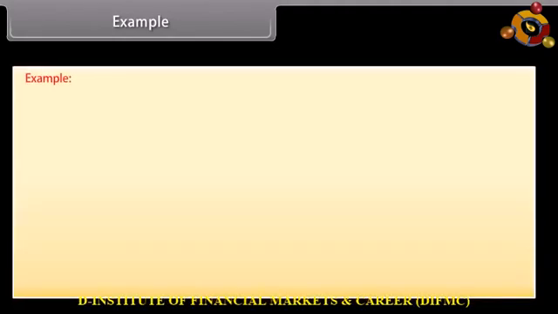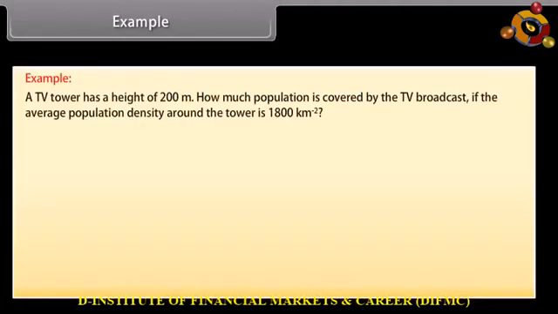Example: Let's take an example. A TV tower has a height of 200 meters. How much population is covered by the TV broadcast if the average population density around the tower is 1,800 per km²? Given that the radius of the Earth is 6,400 kilometers.